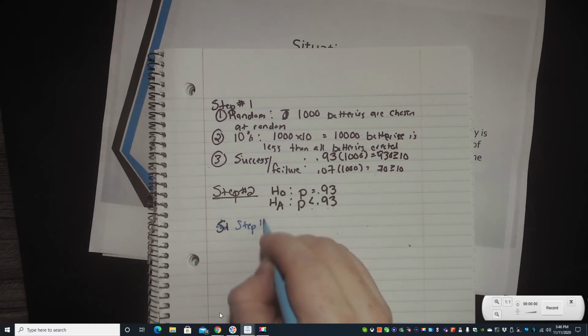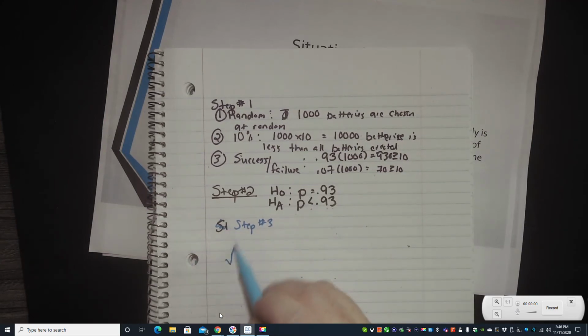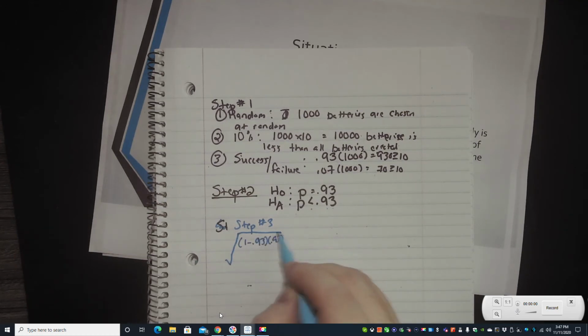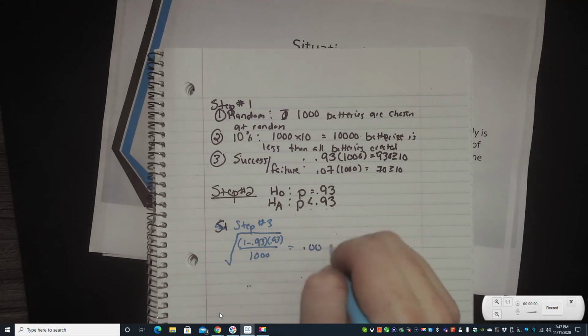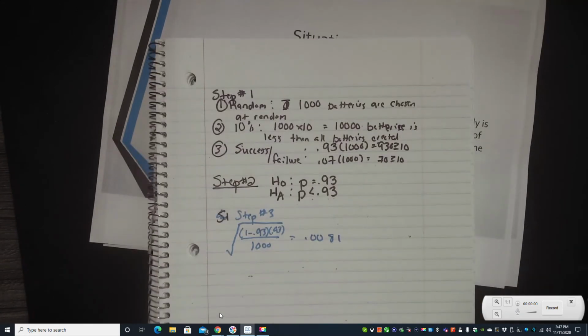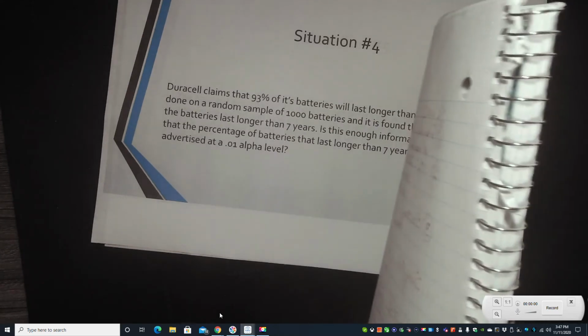Step number 3. We're going to do the square root of 1 minus 0.93 times 0.93 over 1,000, which gives me 0.0081. The other percentage was 0.915.